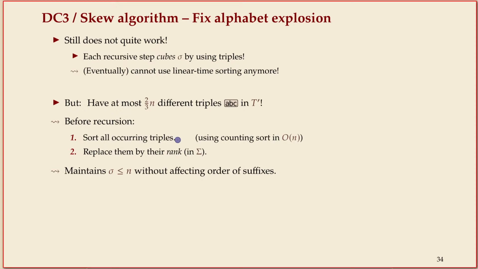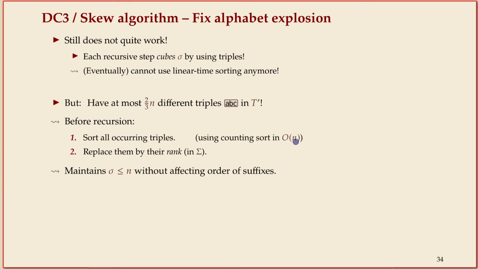So instead of using these nice boxes that I've drawn for you, we replace those by numbers. This is called an alphabet reduction or rank reduction. We sort all the triples that actually occur in our string and replace them by their rank. So we compress the alphabet down to all the characters that really occur in the string, as opposed to having space for all possible triples.